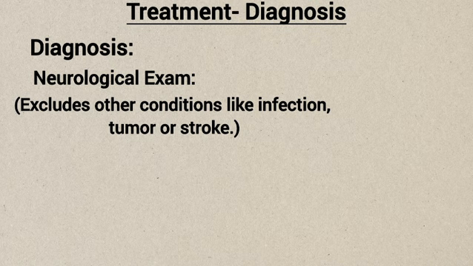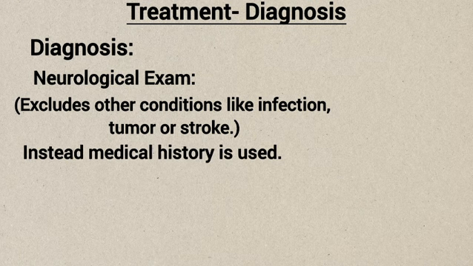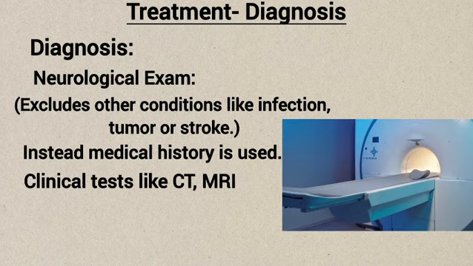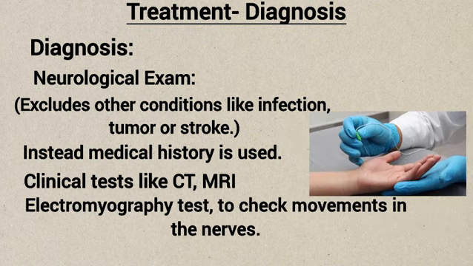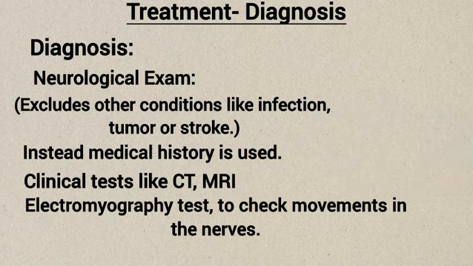They are excluded because they have similar presentations. So instead, the doctor uses medical history and clinical tests, for example, CT or MRI, to do nerve studies. Even an electromyography test can be done to know about the nerves, and there is no single test to confirm Bell's palsy, but these clinical tests can be done.